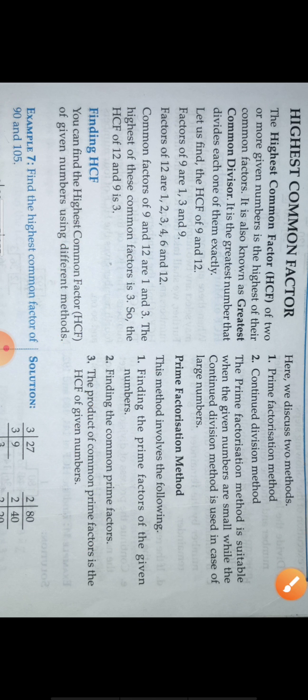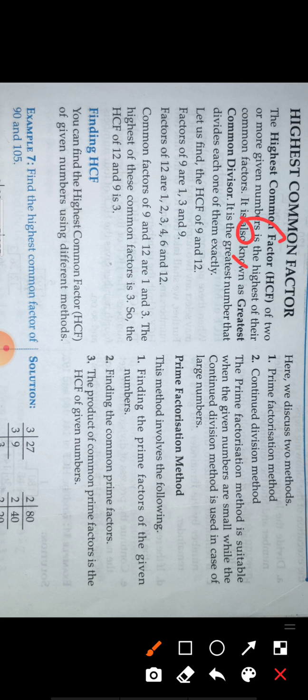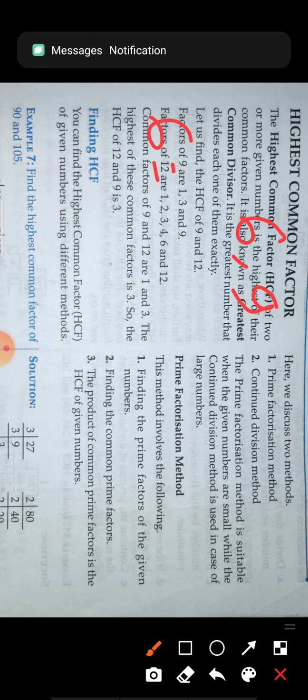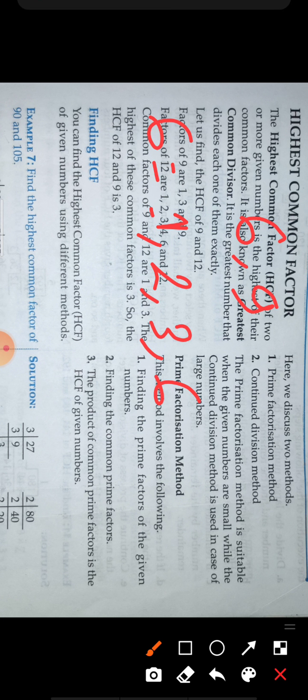Correct. So let me give you another example. Suppose the question is what is the highest common factor of 6 and 9. So what are the factors of 6? The factors of 6 are 1, 2, 3 and 6. And what are the factors of 9?